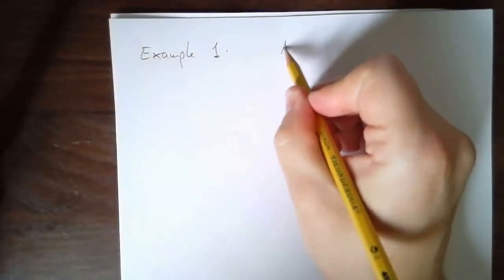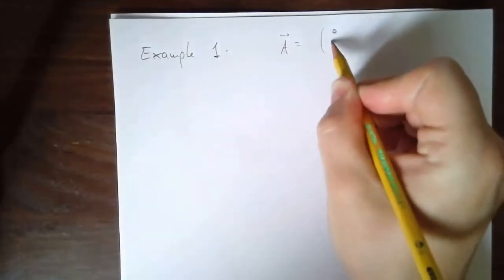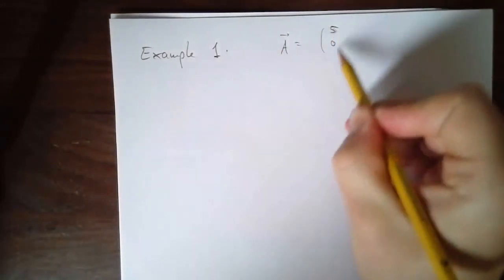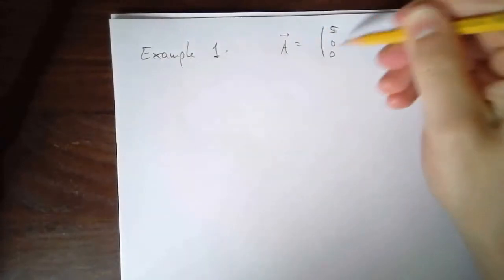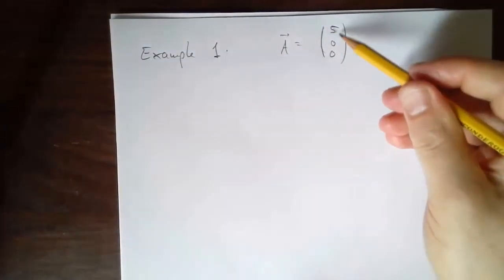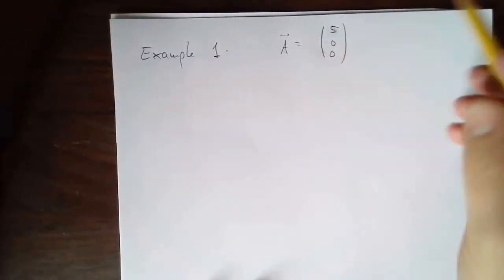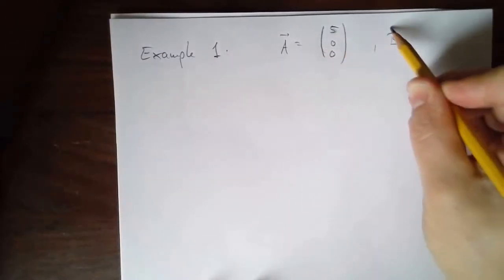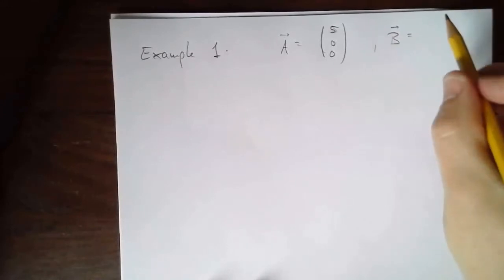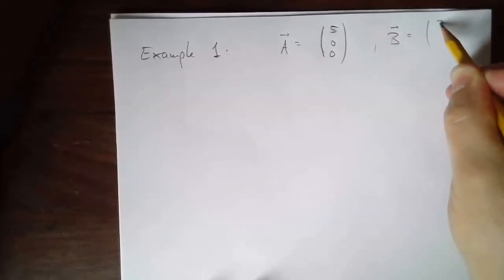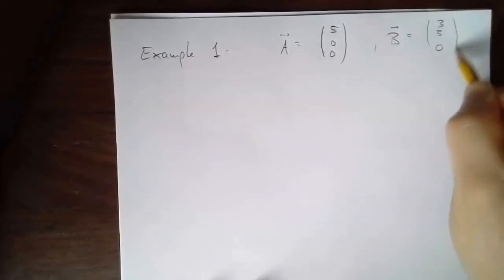I'm going to have A be equal to 5, 0, 0. So it means its x component is 5, the other components are 0. It's a vector that points along the x-axis and is 5 units long. For B, I'm going to pick 3, 3, 0.